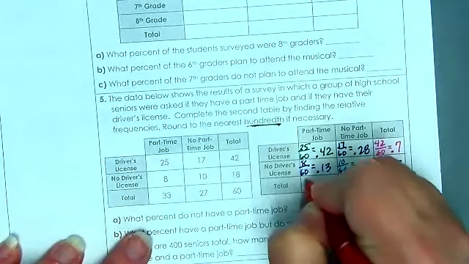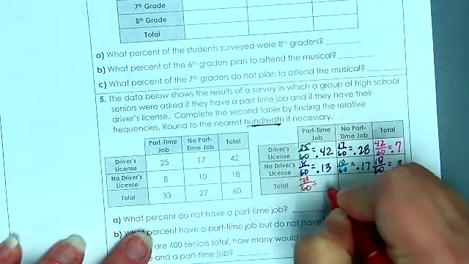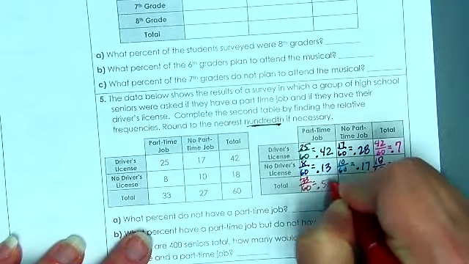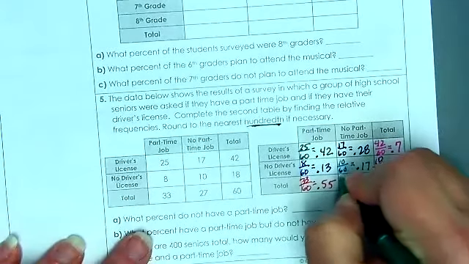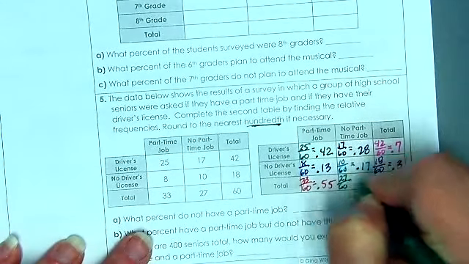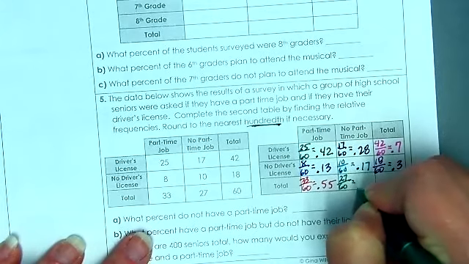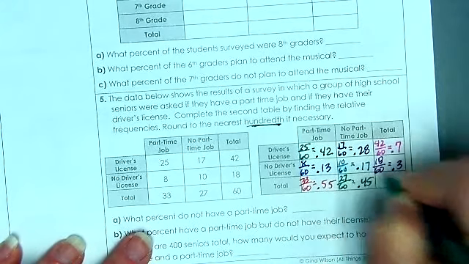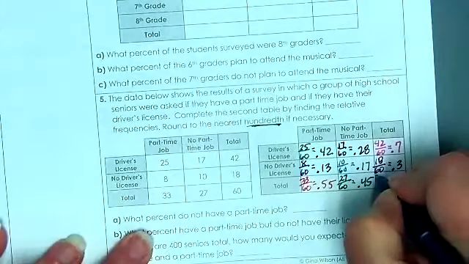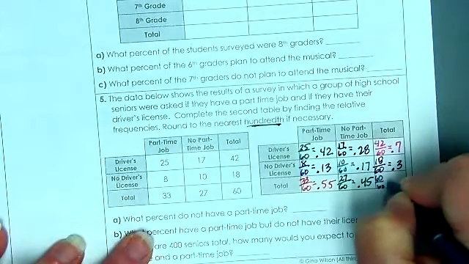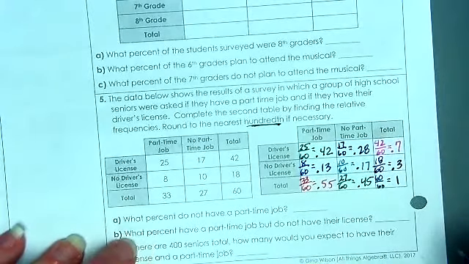Then we have 33 divided by 60, which is 0.55. Then we have 27 divided by 60, which is 0.45. And then last, which is what it should be, 60 divided by 60, which equals 1.